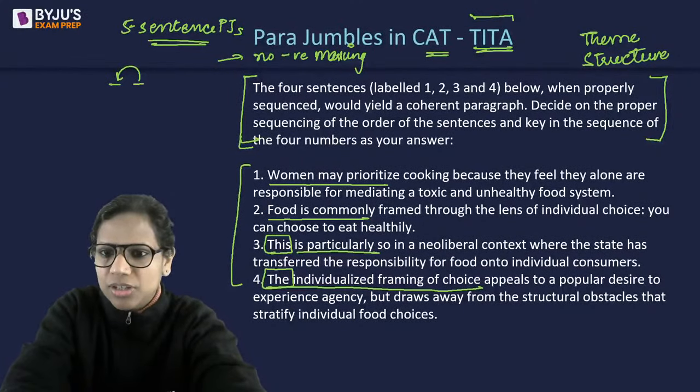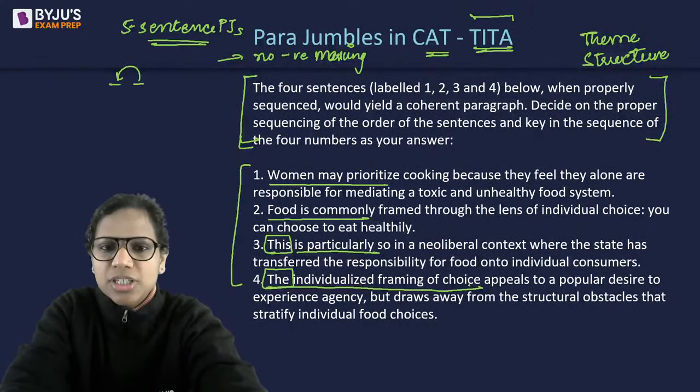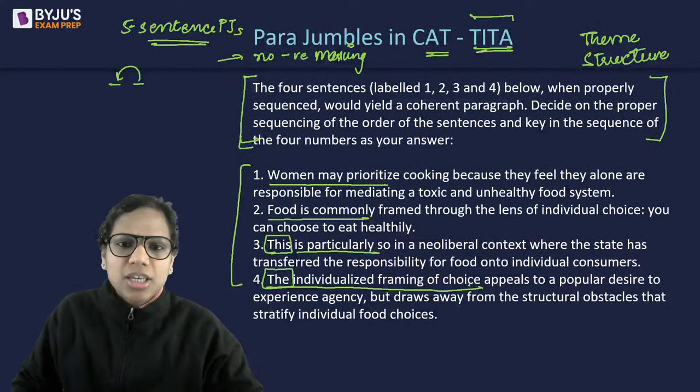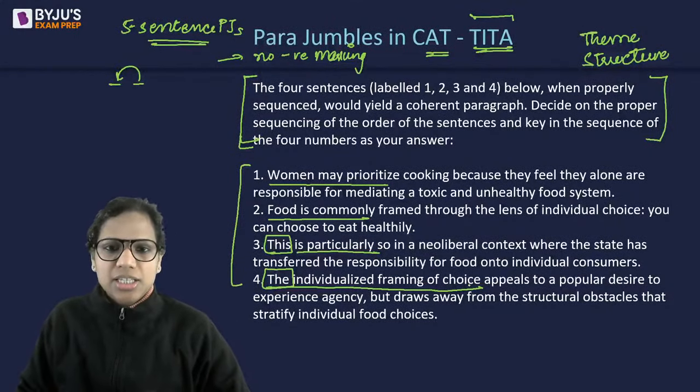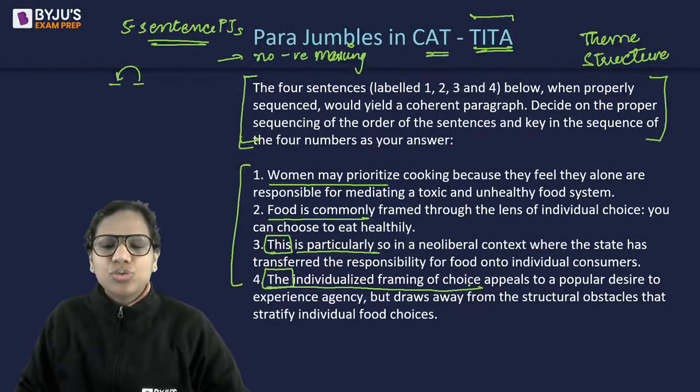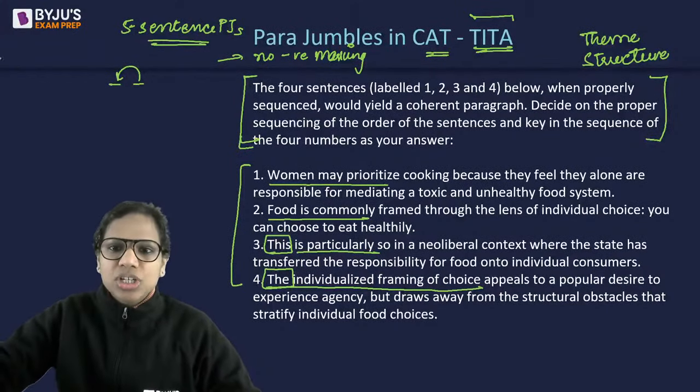Okay. Mukund says 2134. Gaurav says 1324. So as a first step, all of you read the sentences. See, of course, you'll have to read the entire sentences, but then pay special attention to the words that are being used, right?